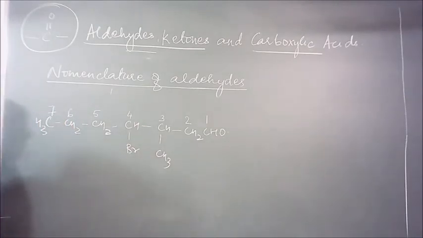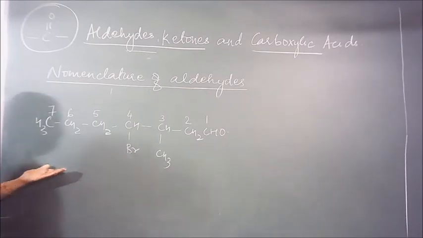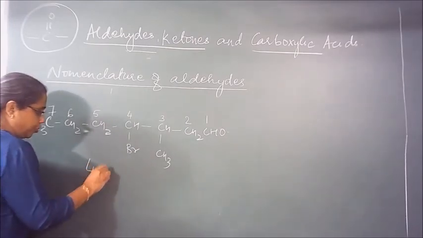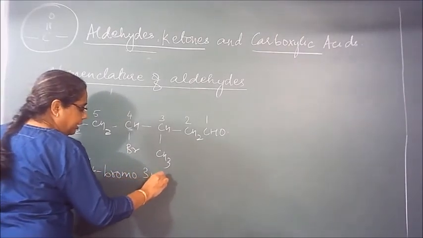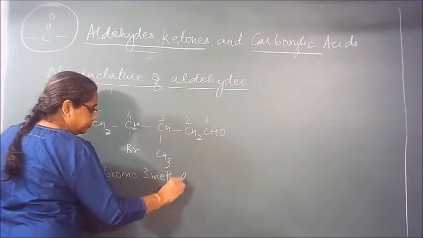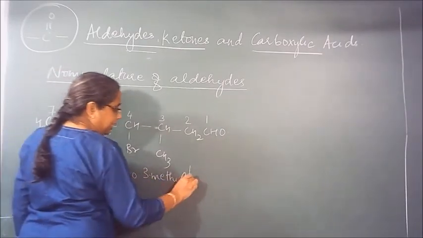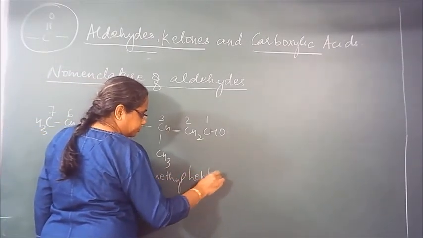Now I want to know the name of the compound. Name of the compound, please, if anyone could say. 4-bromo-3-methyl heptanal. Very good. The name of the compound is 4-bromo-3-methyl heptanal.